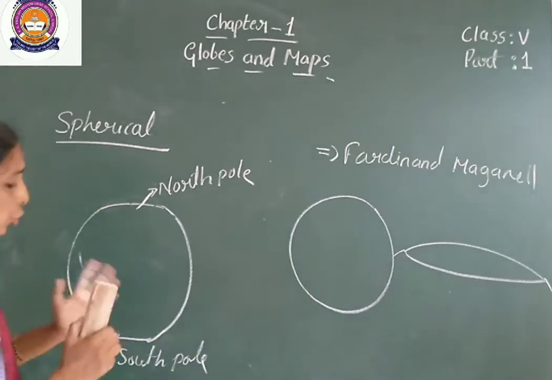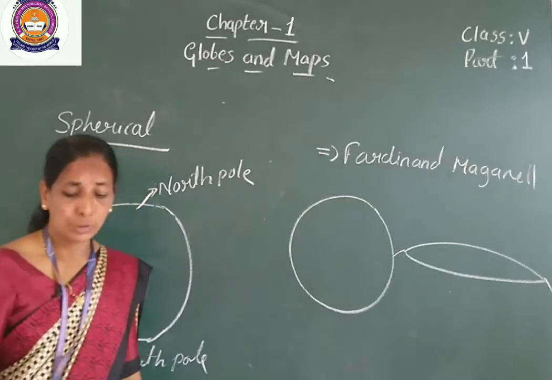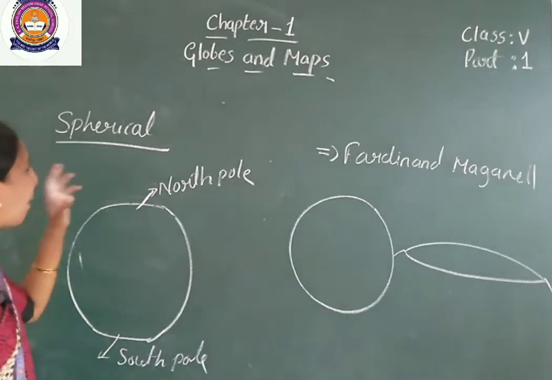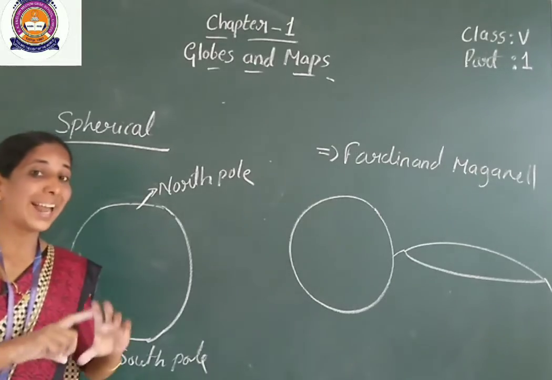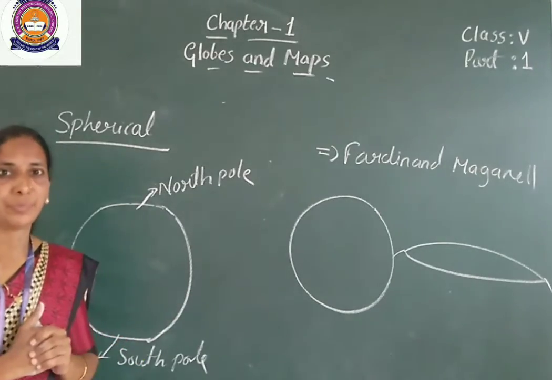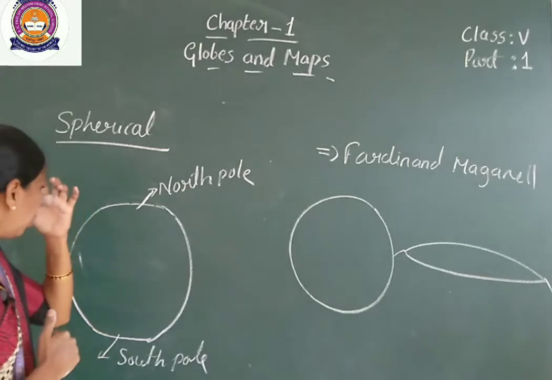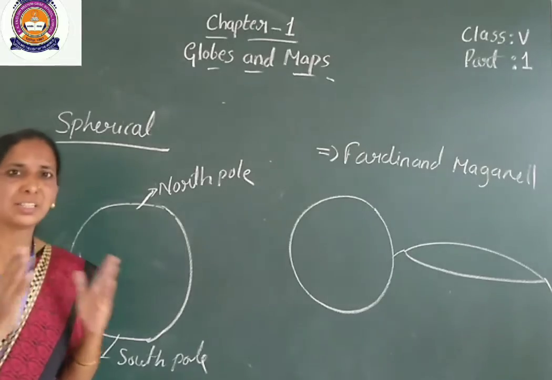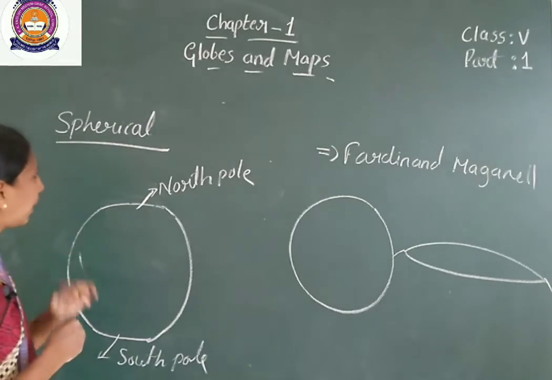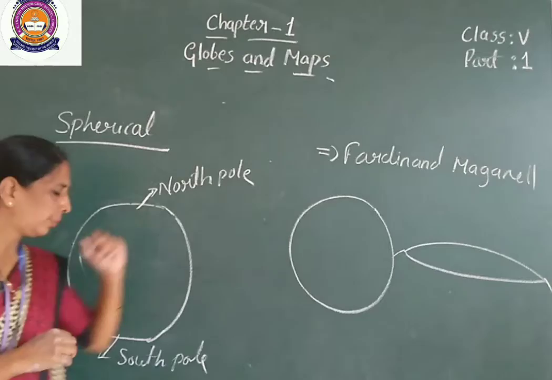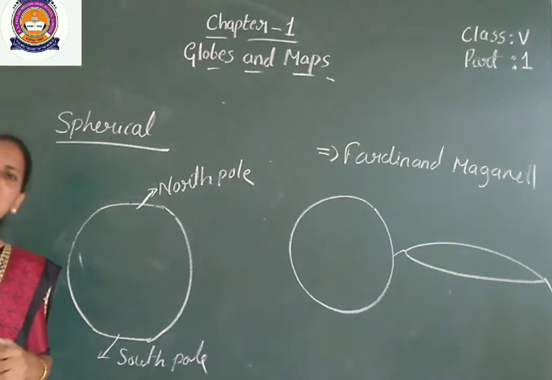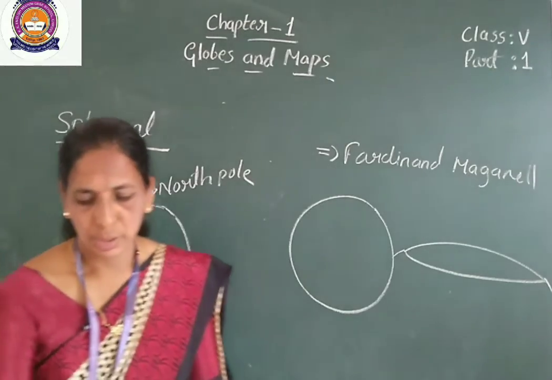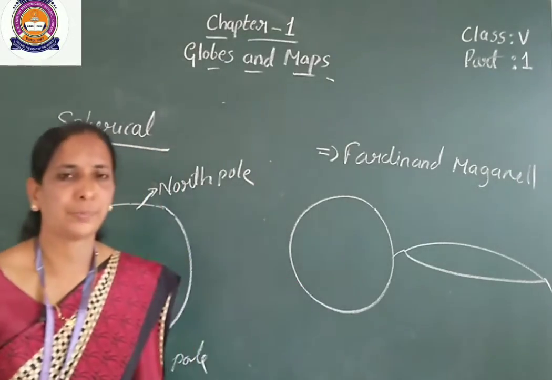Understood? Astronomers found out the earth's shape is spherical, like an orange, somewhat flattened at the top and bottom. The top part is the North Pole and the bottom part is the South Pole. So this is the shape of the earth.